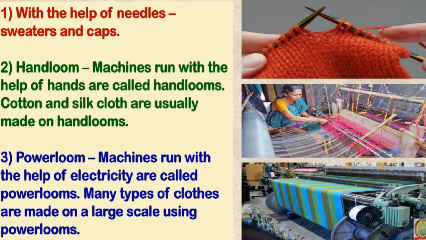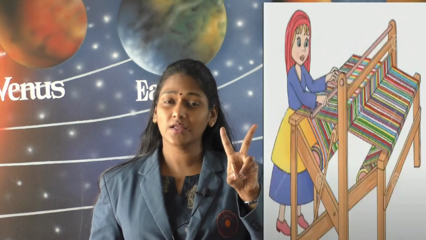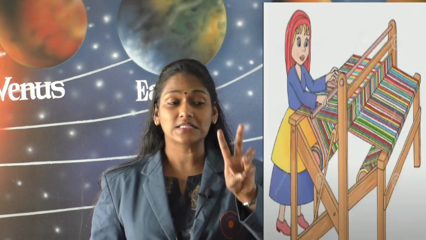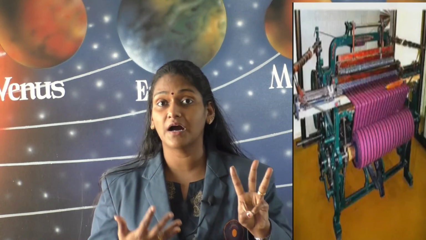Machines run with the help of electricity are called power looms. Many types of clothes are made on a large scale using power looms. So, the first is with the help of needles, the second with the help of hand loom, and the third with the help of power loom.